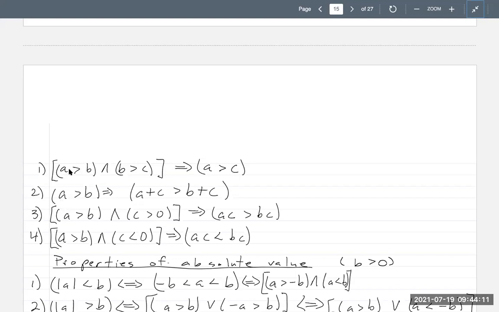And again, you could write this as less than. If A is less than B and B is less than C, then A is less than C. Similarly for greater than or equal to, less than or equal to.